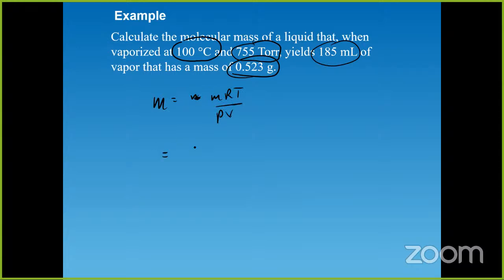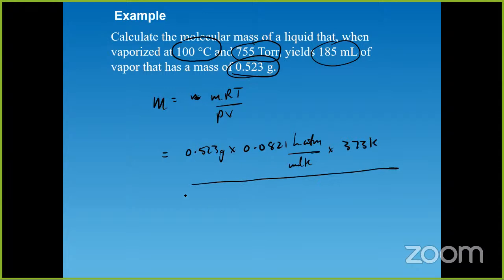So we put the numbers in. We start off with the mass in grams, which is 0.523 grams times R, which is 0.0821 liters atmospheres over mole Kelvin, times the temperature, which is 100 degrees. We convert that to Kelvin, and that becomes 373 Kelvin. And then we divide that by the pressure. In this case, they gave us the pressure as 755 torr.